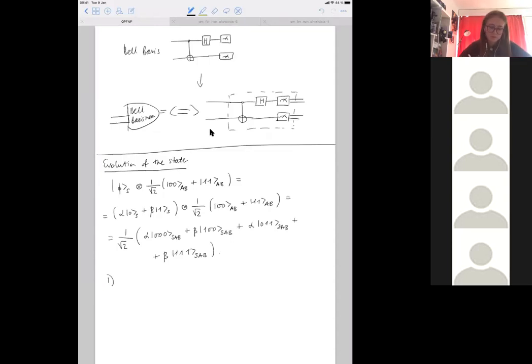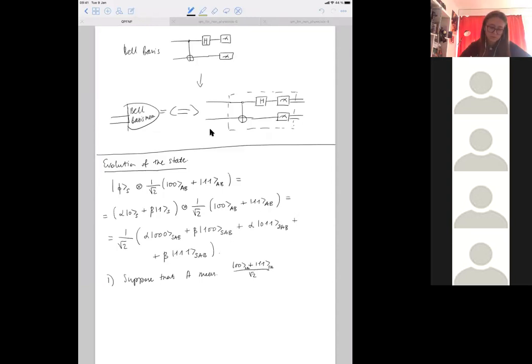So suppose that A measured 0,0 plus 1,1 over square root of 2, on SA. To understand which state B has ended up in on his side, we need to use the update rule.